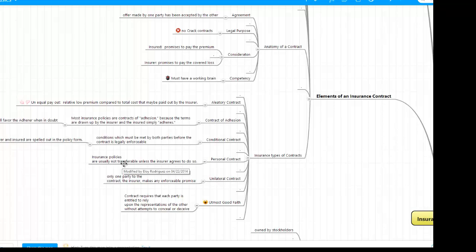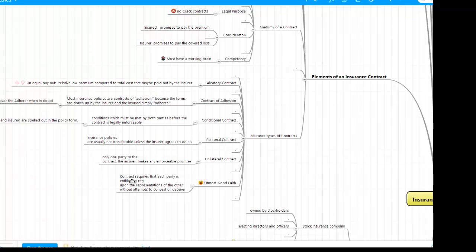And then we have the unilateral contract, one way. Only one party to the contract, that being the insurer, makes an enforceable promise. He promises to pay if something happens. So it's a unilateral contract. And all of these depend on utmost good faith, that nobody's lying.